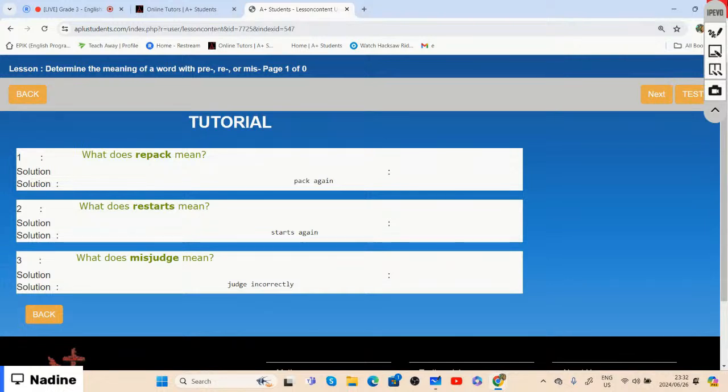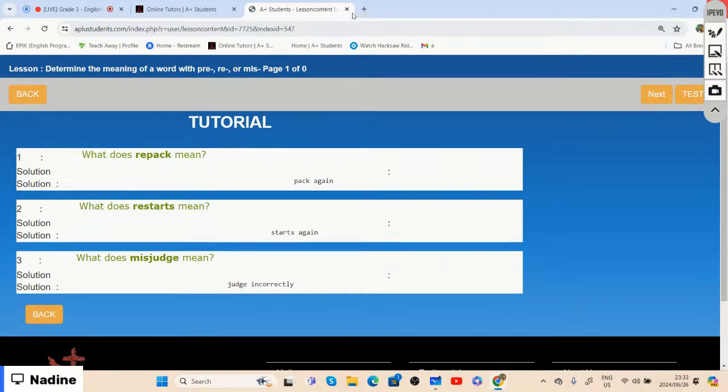And miss basically means incorrectly, that is what miss means, or it's used incorrectly. So it's incorrectly or it's badly. That is what miss means.